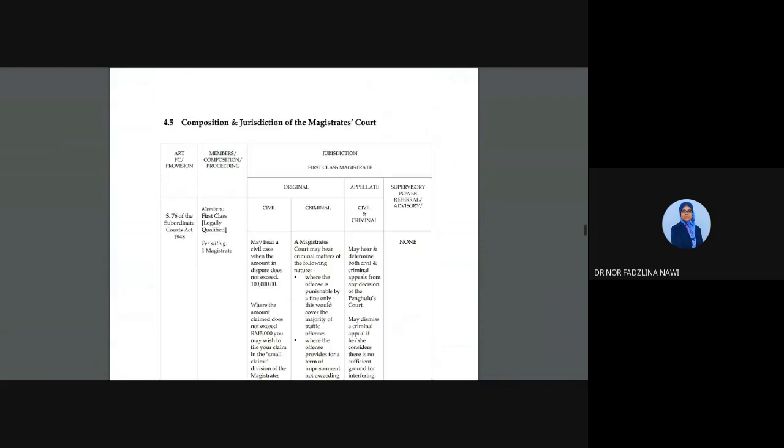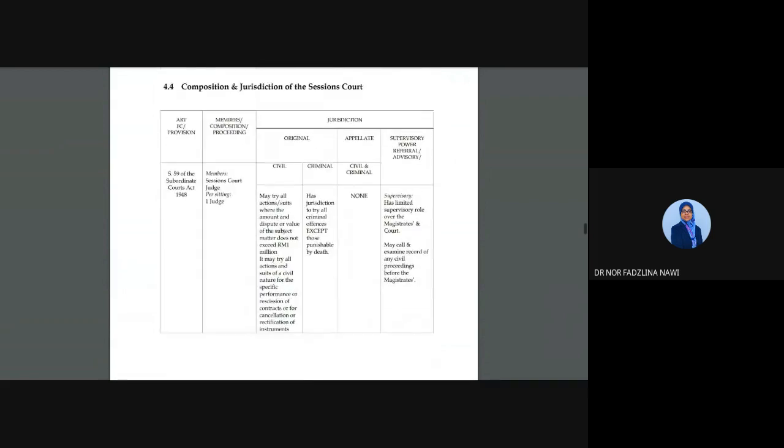If the second class magistrate feels that the case brought to them, especially a criminal case with a repeat offender, deserves a higher penalty, they can adjourn the case and transfer it to a first class magistrate.